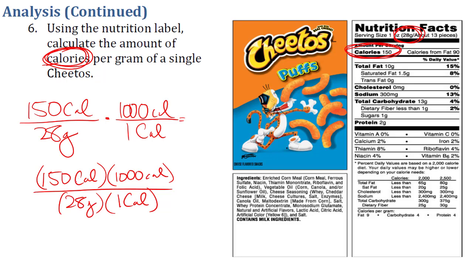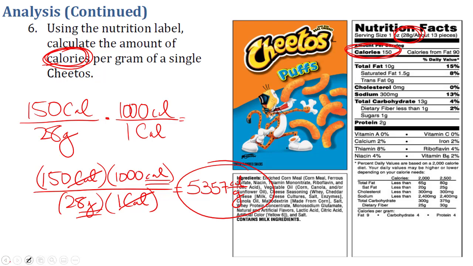My food calories are going to cancel out, so I'll be left with my answer in just chemistry calories per gram, which comes out to be a very large value of 5,357 chemistry calories per gram for a single gram of Cheeto.